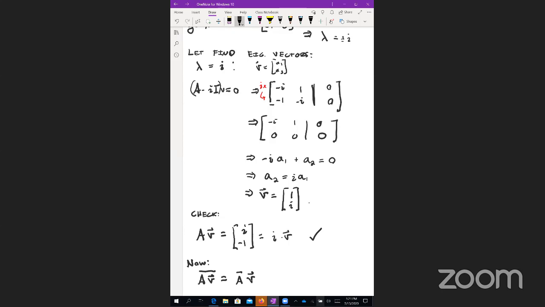Taking the complex conjugate, right? Is A times the complex conjugate. But on the right-hand side, of course, this has to be lambda bar times V bar.